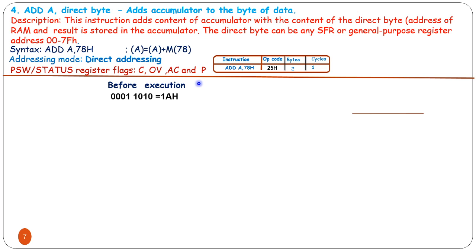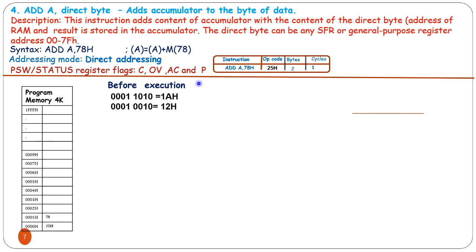So before execution, the 25 operation code is stored in this memory location, and 78H is the direct address of memory. So it is stored here. Now the content of the program counter register is again 0002H. So this is the program counter register content.